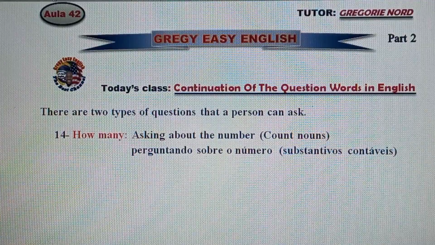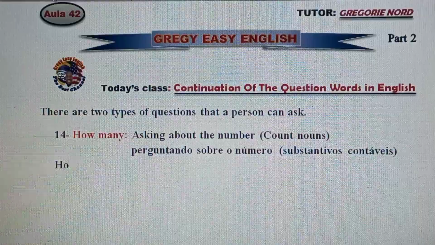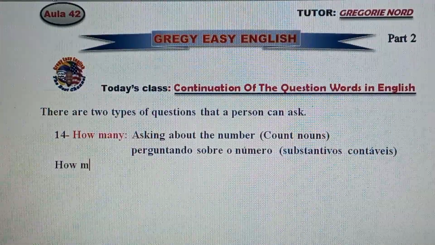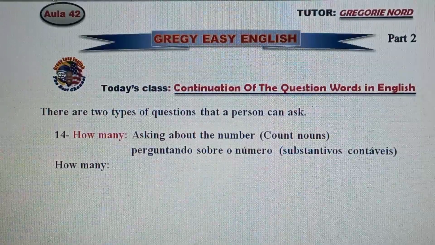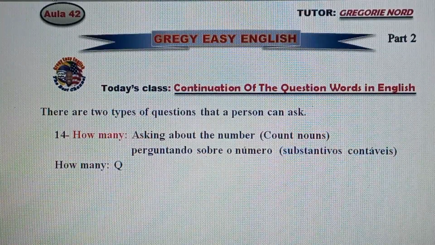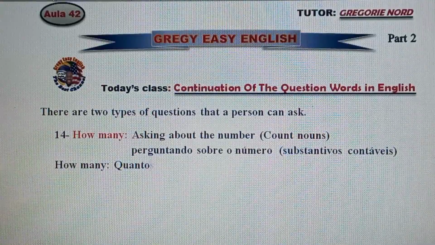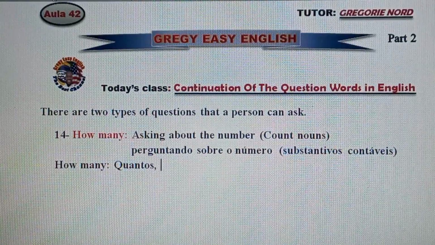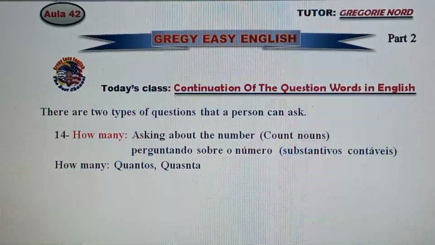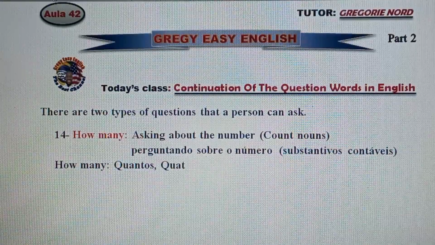Agora, o que significa how many em português? How many significa quantos. How many significa quantas. Depende da sua pergunta.